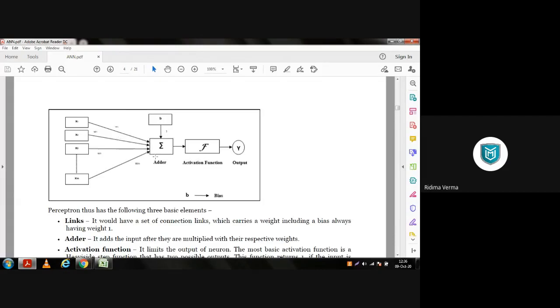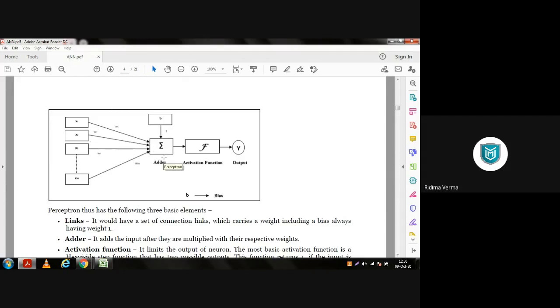So we have a neuron. It has certain inputs which have adjustable weights. There we have x1, x2, up to xn, these are the inputs obviously, and it will consist of certain weights.